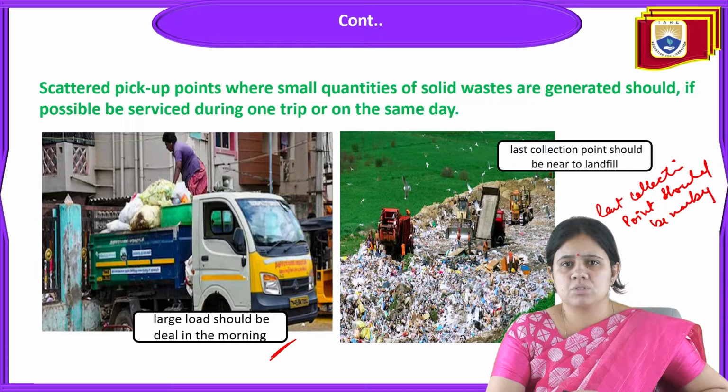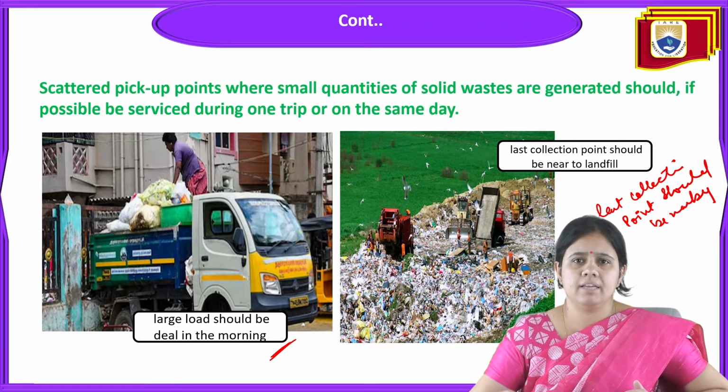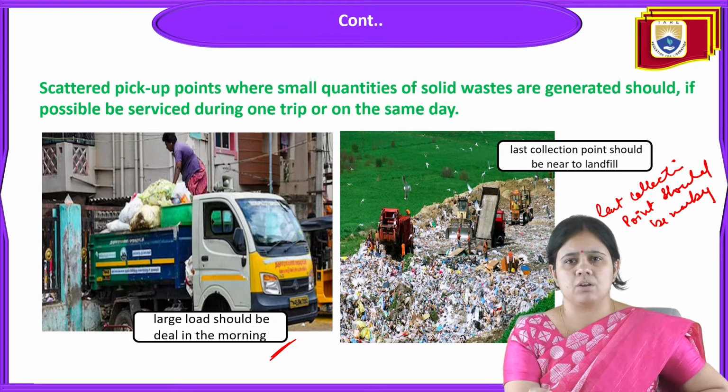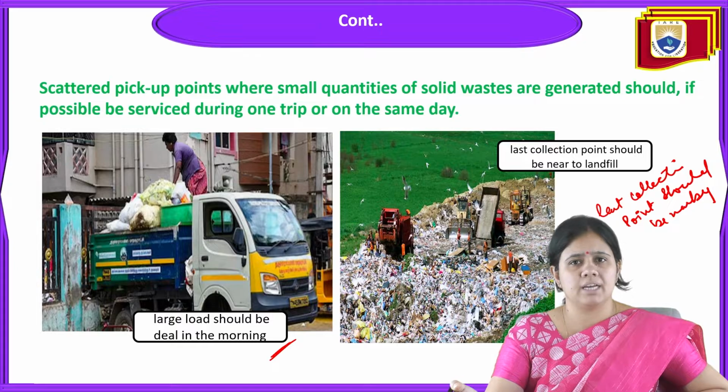To avoid any nuisance or unsanitary condition, this should be kept in mind. So this operation will run effectively, with more pickup points followed in a single way, and the last solid waste collection point nearby to the landfill site.